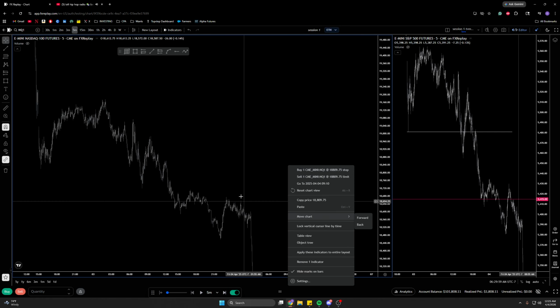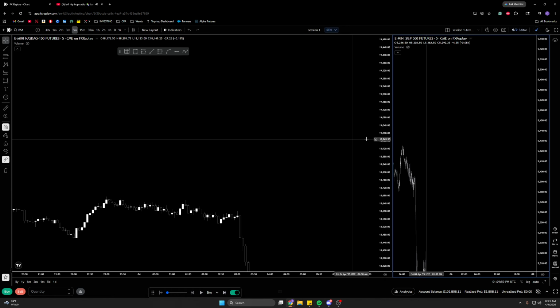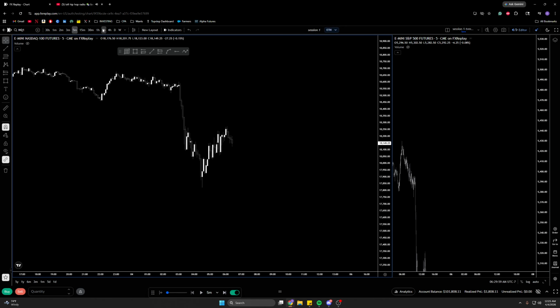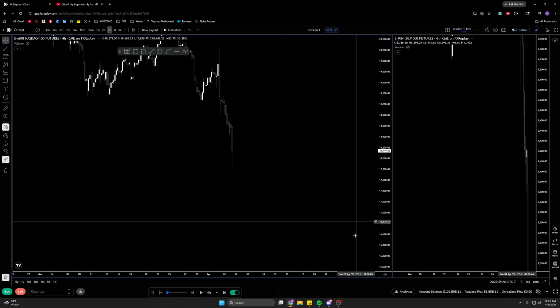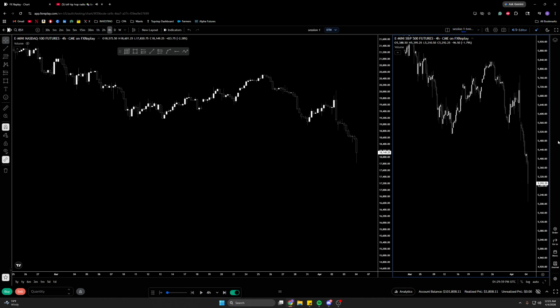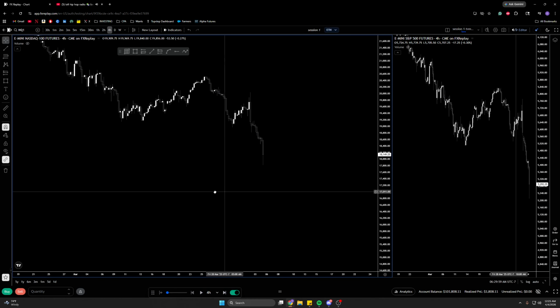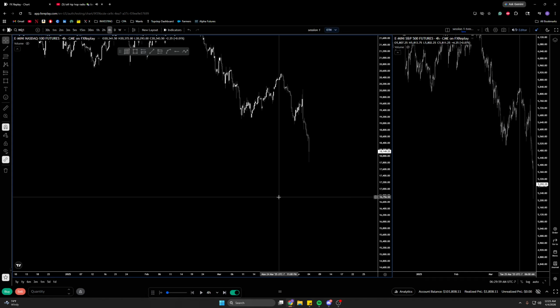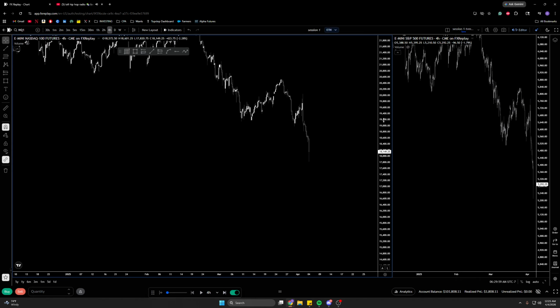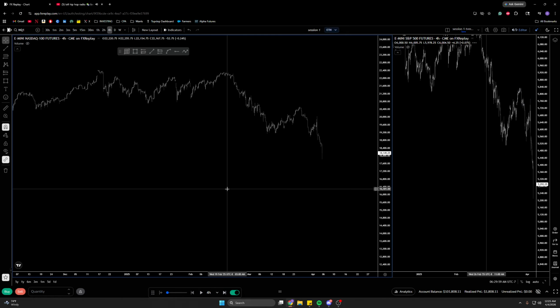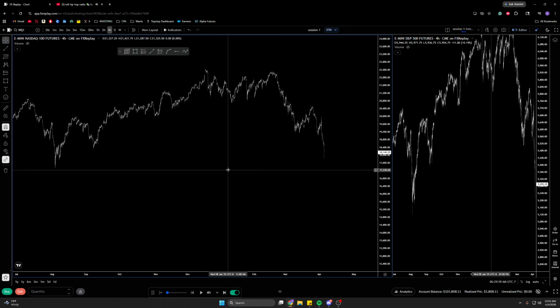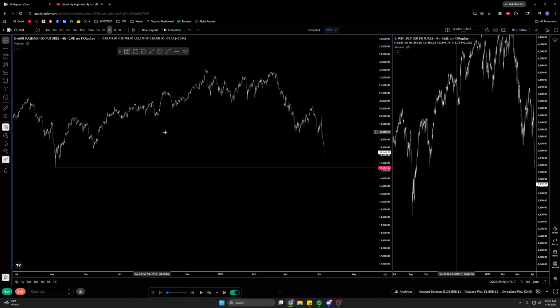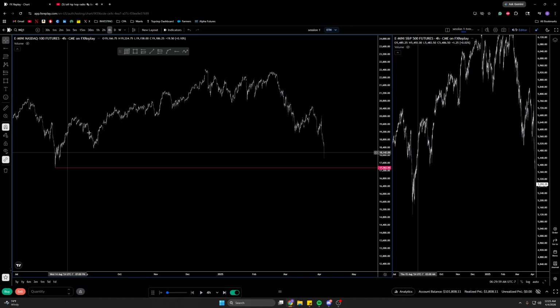Remove drawings. All right, where are thou? Okay, this might be a little bit too far left, but I just like to draw it out just in case.